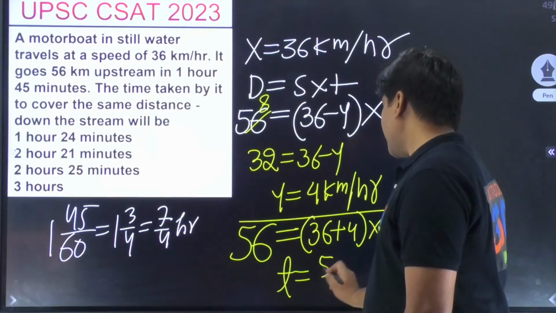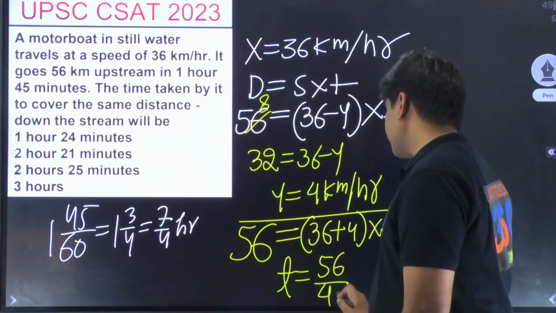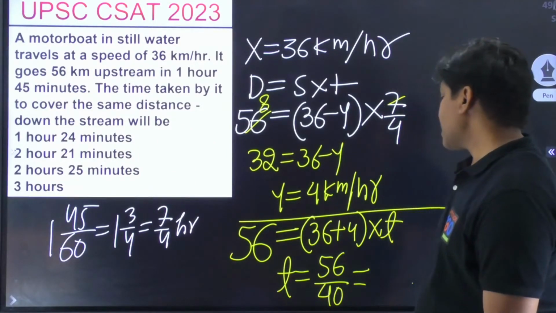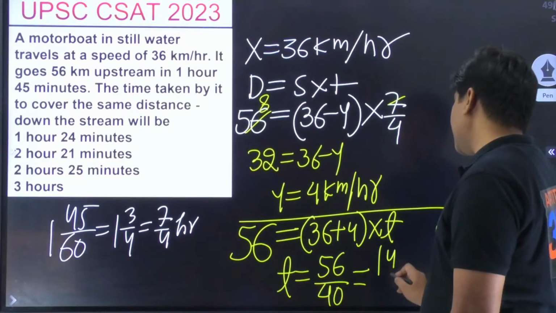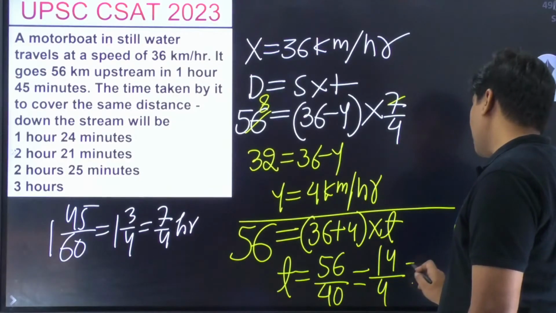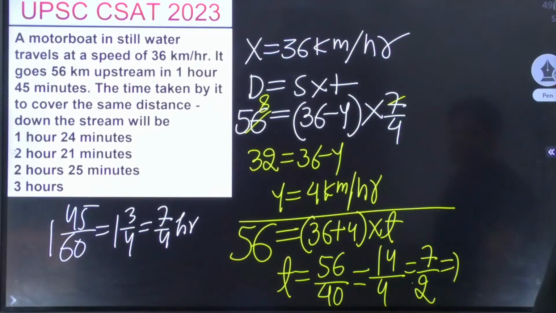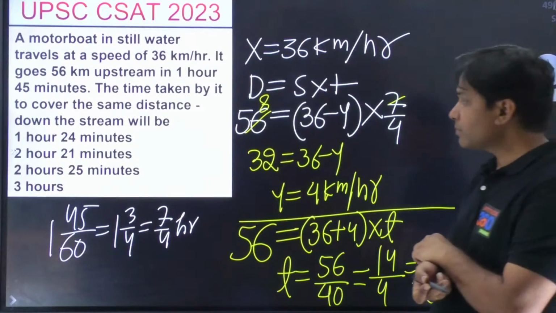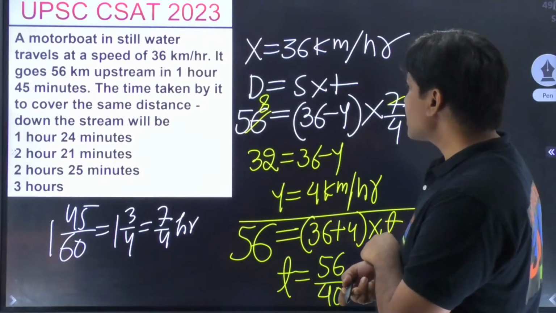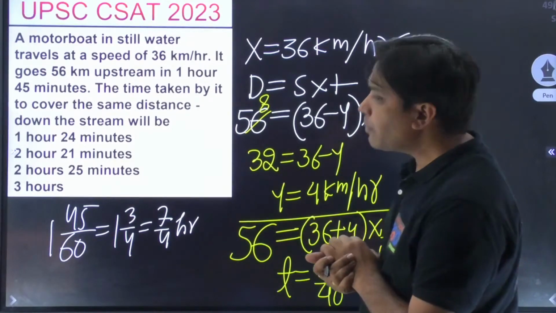It is going to be 56 upon 40, which is coming out as 14/4, or you might say this is 7/2. 7/2 का मतलब कितना हो गया? 3 1/2. Did I make a mistake? 1 hour 24 minutes. Oh, did I make a mistake, people?